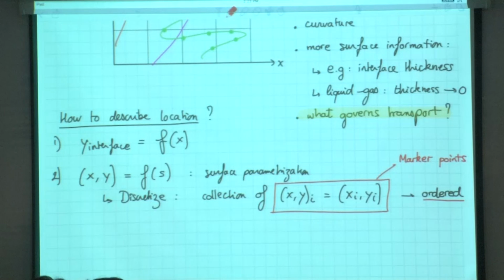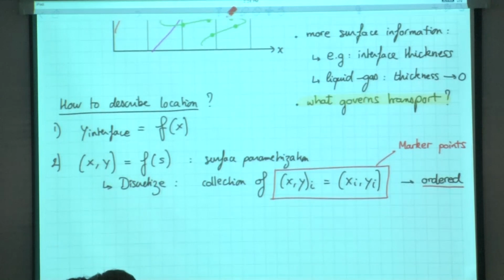Okay, so we have a surface, we propose a parameterization of it, we discretize that parameterization. Now a surface is a collection of ordered points. The fact that we're proposing an order implies a certain connectivity. A point comes after another point, meaning that if you're sitting somewhere at a point xi, yi, you have a closest point to the left, a closest point to the right. You can find your neighbors.